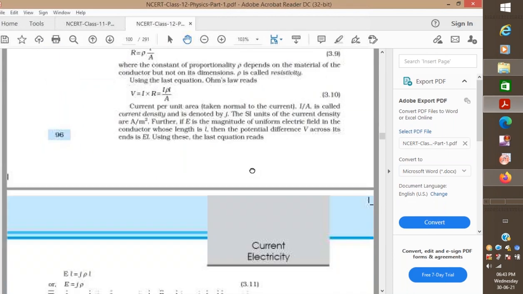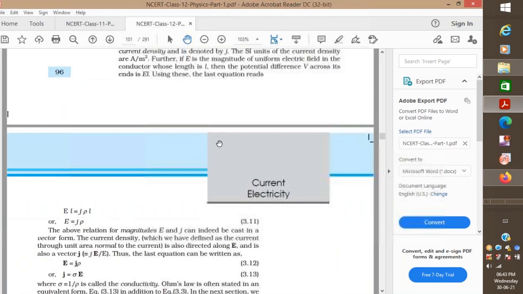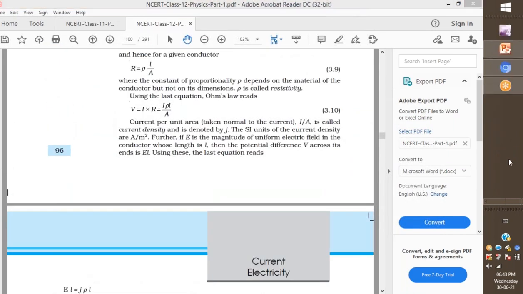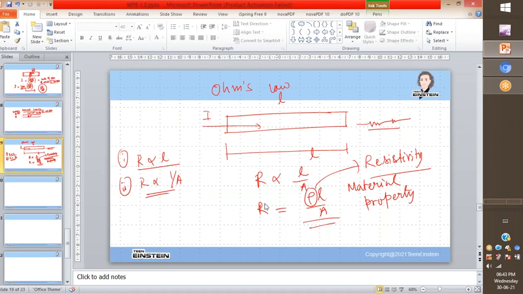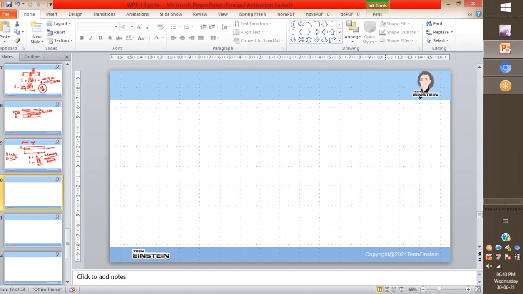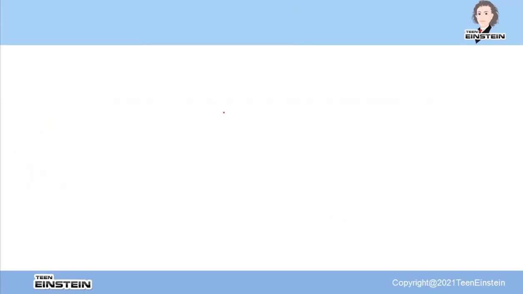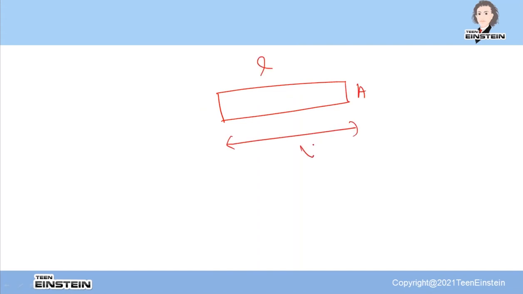Now if I write the potential, suppose I go to the next slide. With the same conductor, suppose I have length L, area A, and potential V. What is R?